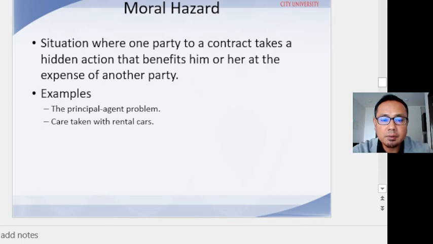If the contract induces the party that is insulated from loss to take a hidden action that harms the other party, we say that moral hazard exists. Some examples are the principal agent problem, and the care taken by rental cars. That's a good example of moral hazard.